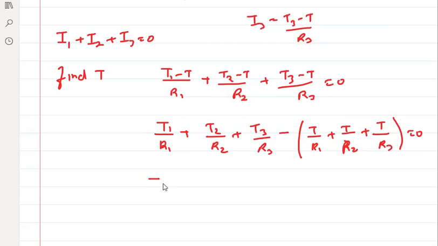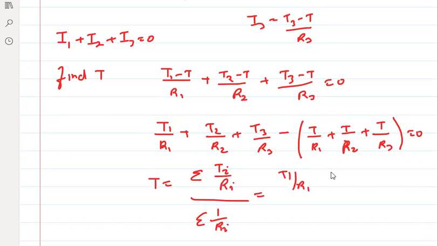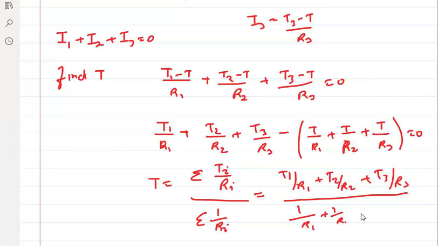So T is equal to the summation of Ti by Ri, which is T1 by R1 plus T2 by R2 plus T3 by R3, divided by 1 by R1 plus 1 by R2 plus 1 by R3, the summation of 1 by Ri.